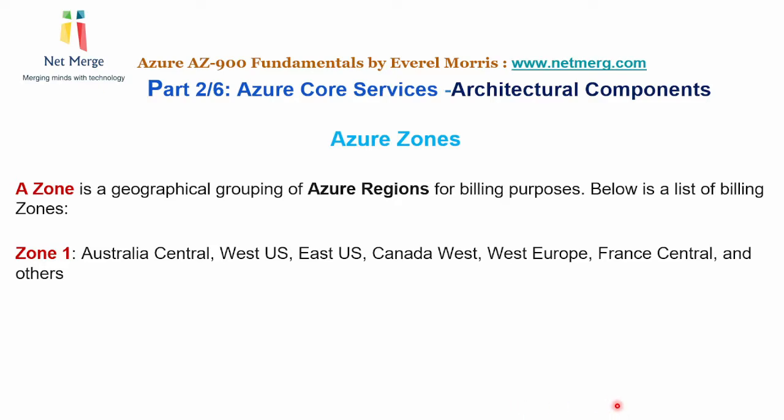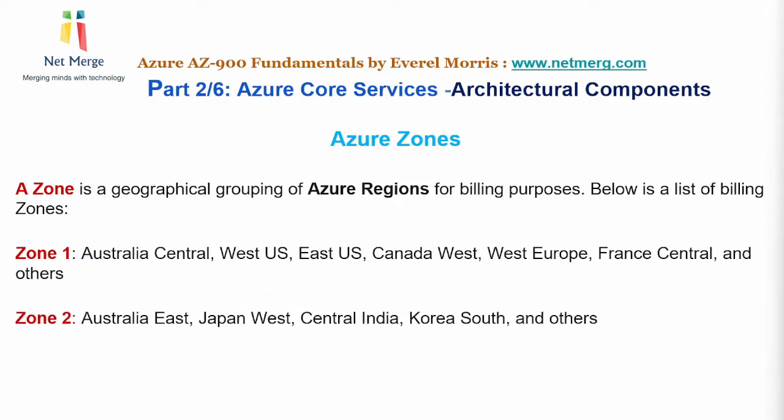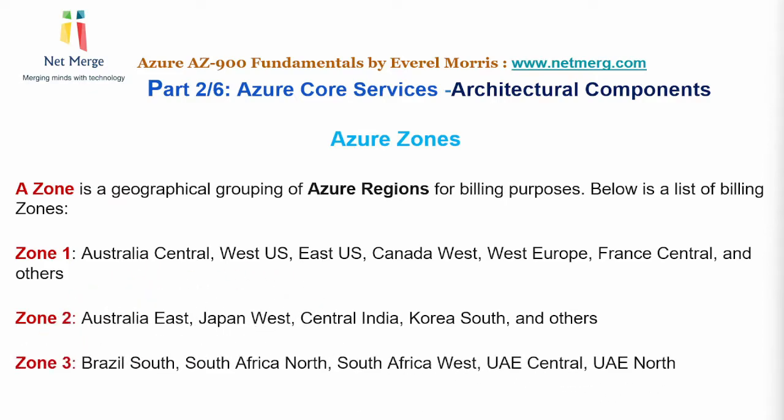Now, if you take a look at zone 2, zone 2 covers Australia East, Japan West, Central India, Korea South, and other. So they all support other. Now the third zone is Brazil South, South Africa North, South Africa West, the United Arab Emirates Central, and UAE North.